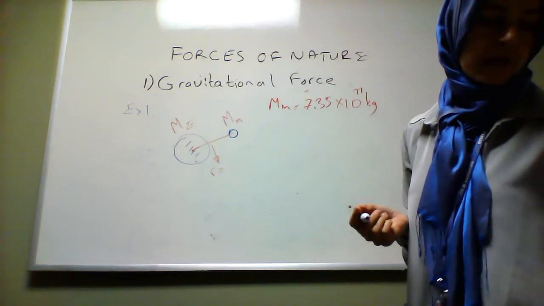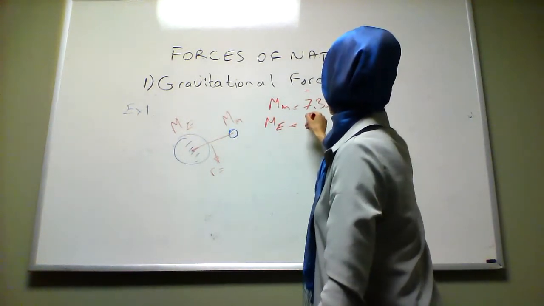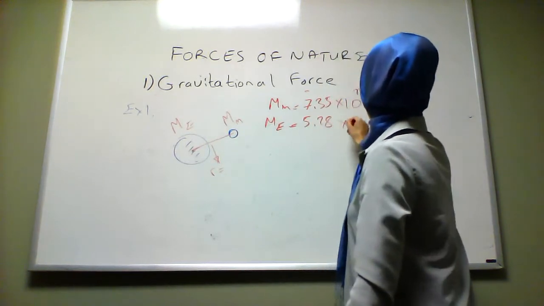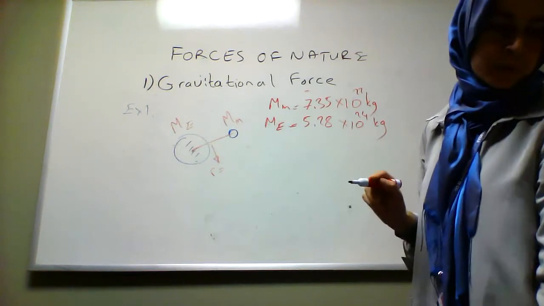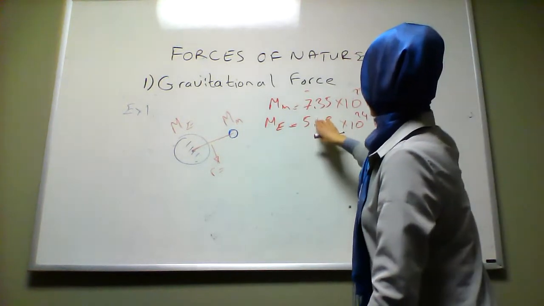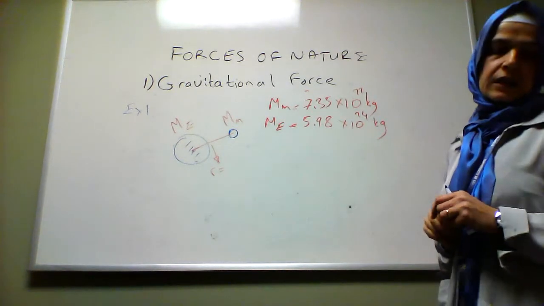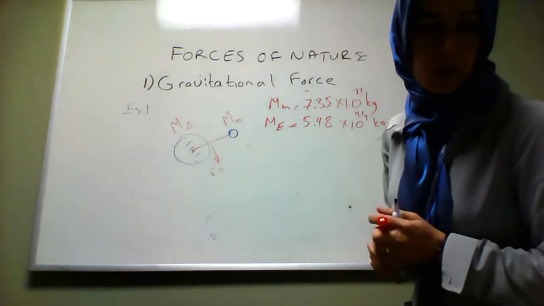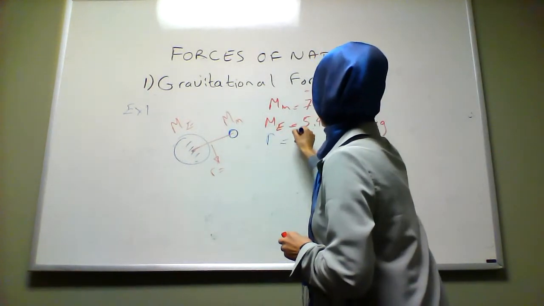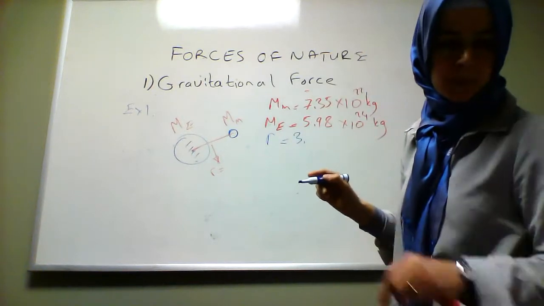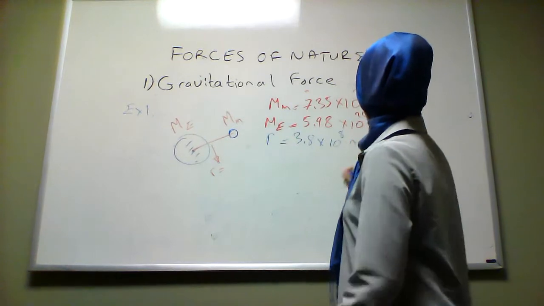And the mass of the Earth is 5.98 times 10 to the 24 kilograms. So M Earth is equal to 5.98 times 10 to the 24 kilograms, sorry. And the distance between them is 3.8 times 10 to the 8 meters. So r is equal to 3.8 times 10 to the 8 meters.